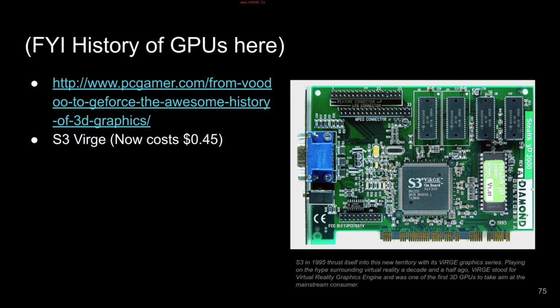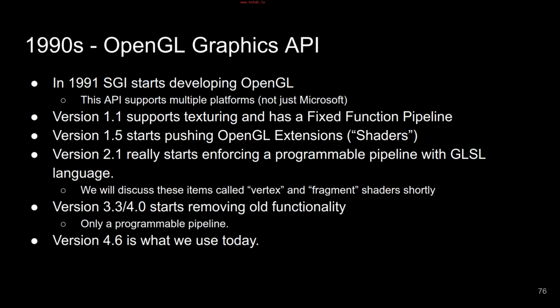It wasn't really until around 1995, when the Verge graphics card came out, a dedicated 3D graphics card that you could plug into your machine and take care of the 3D rendering in your games, giving you hardware accelerated graphics. You have a dedicated piece of hardware to accelerate the drawing of pixels on your screen. So around this time in the 90s, with Wolfenstein and with Jobs and Pixar doing more 3D stuff, these APIs started to emerge.